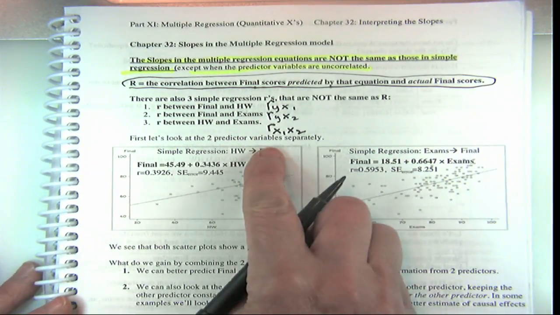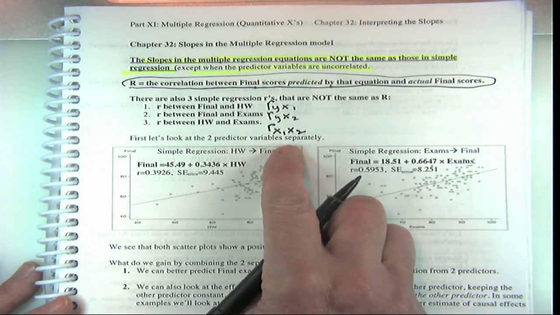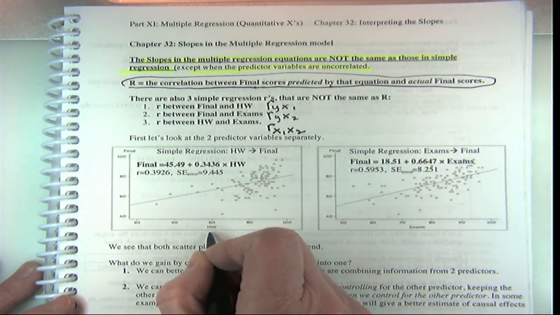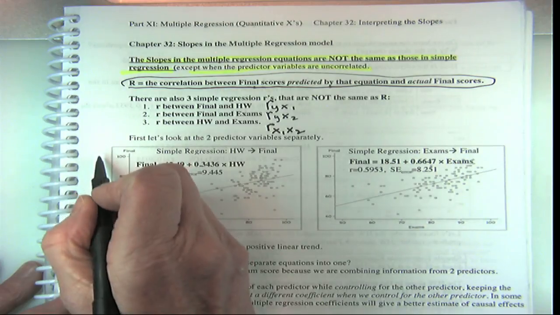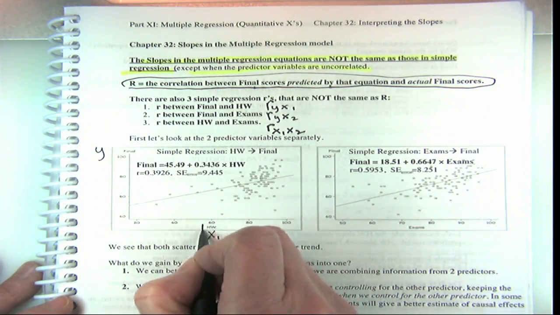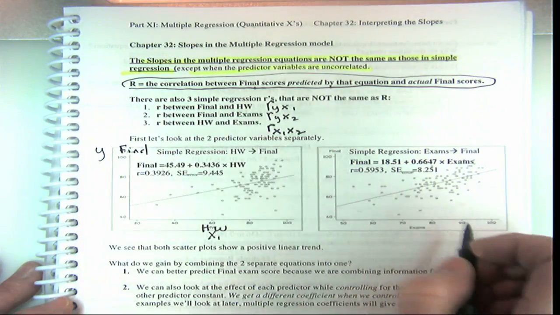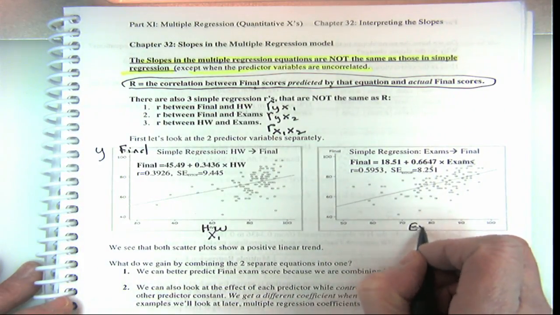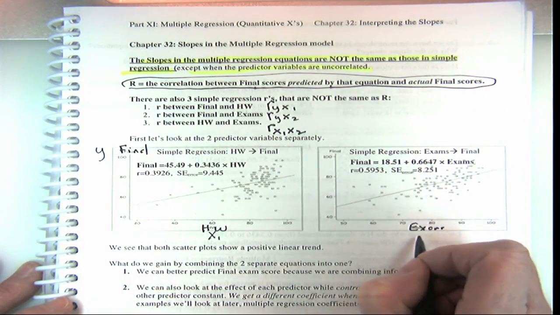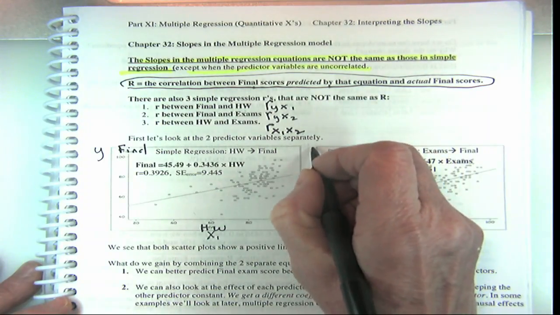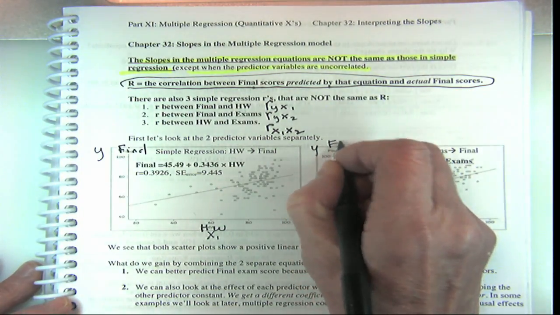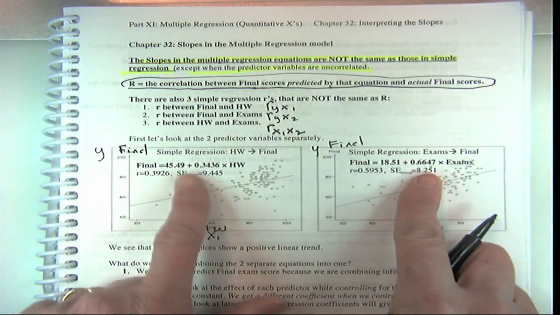So let's look at the two predictor variables separately. This is X1, homework, predicting Y, final. And this right here, exams are X2, predicting Y, the final. All right, and you get two different equations.